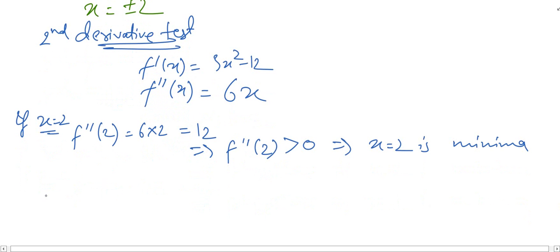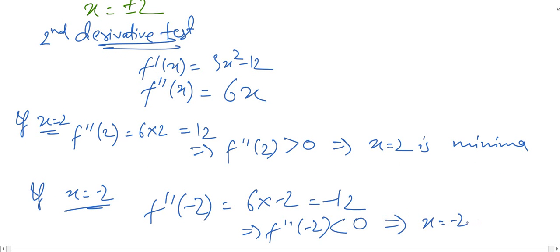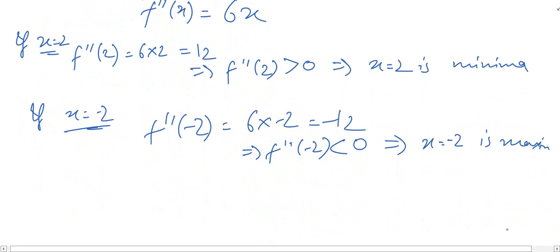Clear? And if x is equal to minus 2, f double dash of minus 2 is equal to 6 into minus 2, which is minus 12. This implies f double dash of minus 2 is less than 0, which again implies that x is equal to minus 2 is a maximum, right?